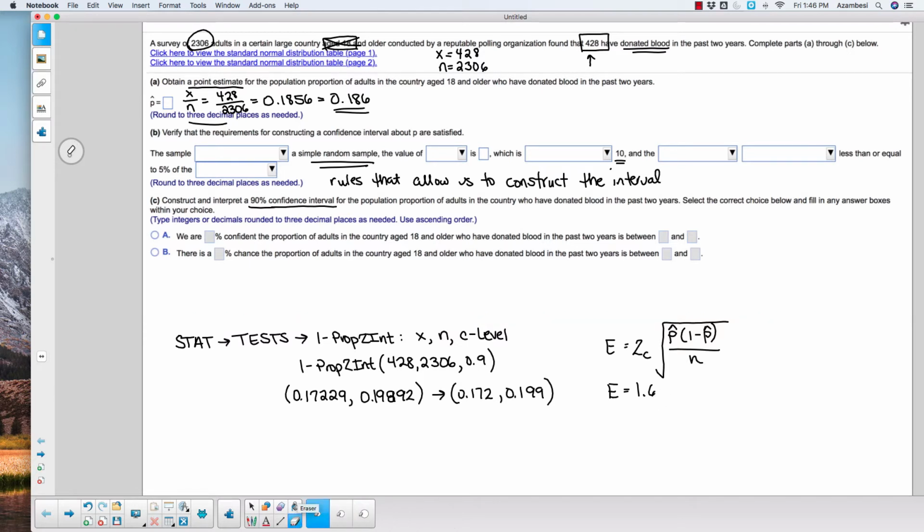So going to this calculation, I have 1.645 times the square root of p hat, or 0.18. I'm going to keep 4 decimal places. 1 minus p hat all over n.